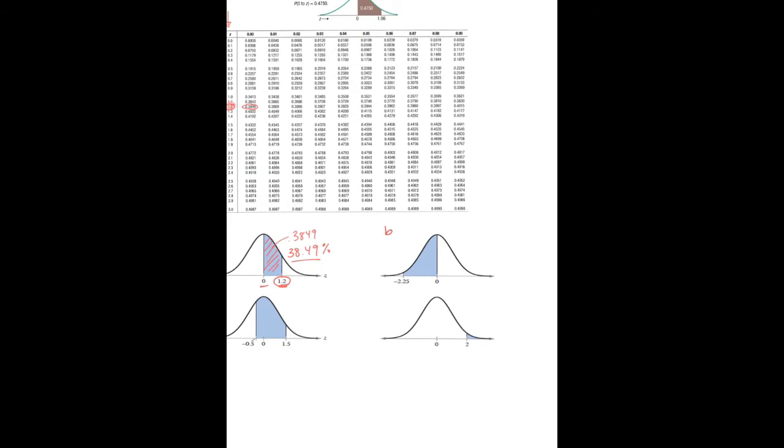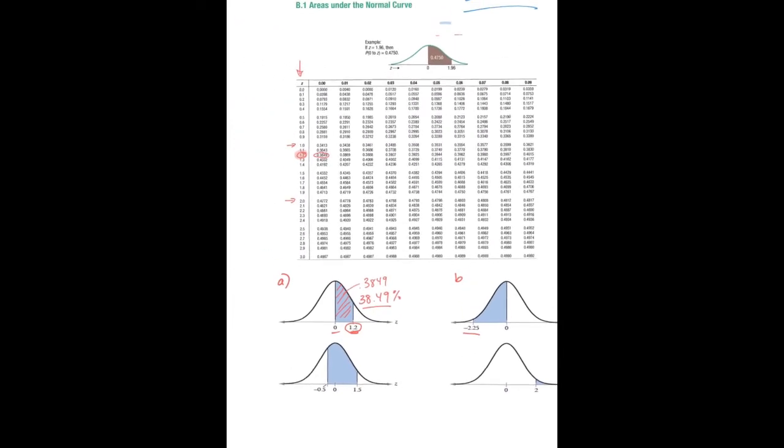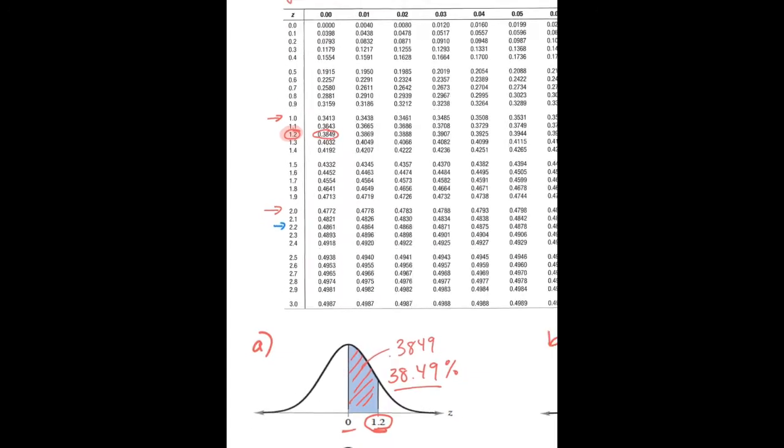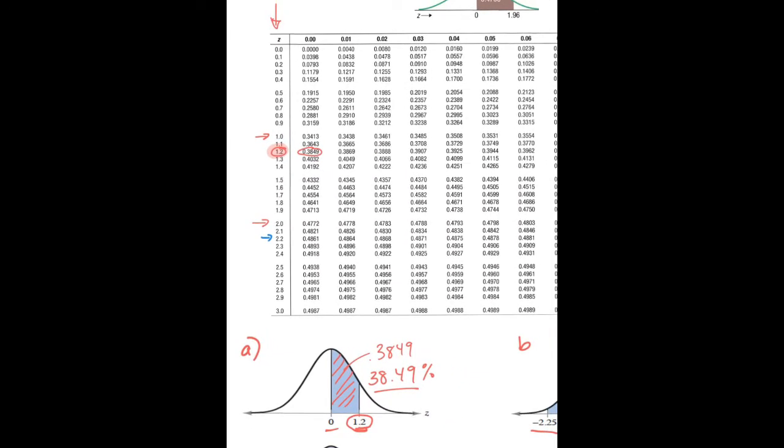Let's look at part B. Part B is interested in finding the area between 0 and negative 2.25 standard deviations from the mean. So first, let's look for 2.25. First, let's look for 2.2. So 2.2 is right here. That's 2.2 standard deviations from the mean. Now we're looking for the 0.05. So that will be here, right?